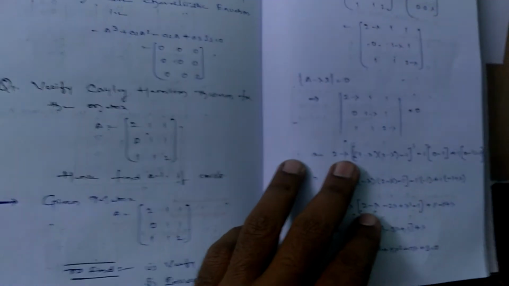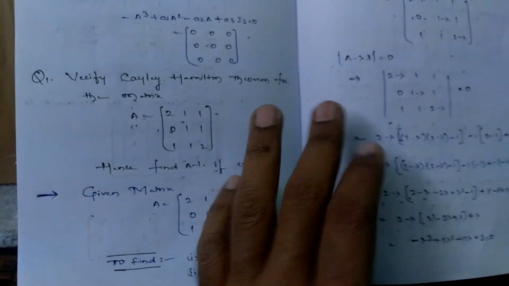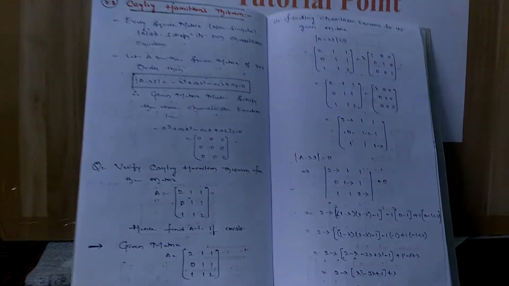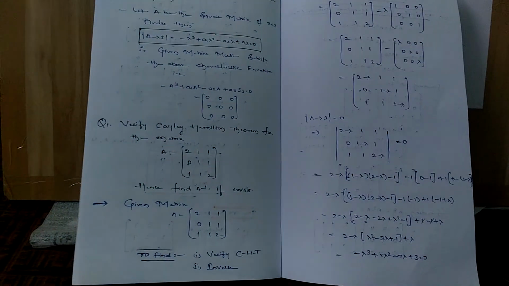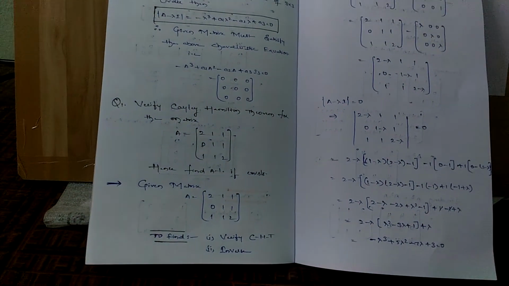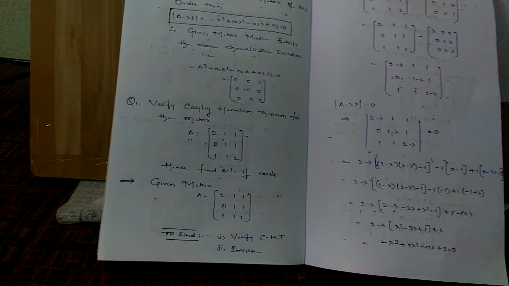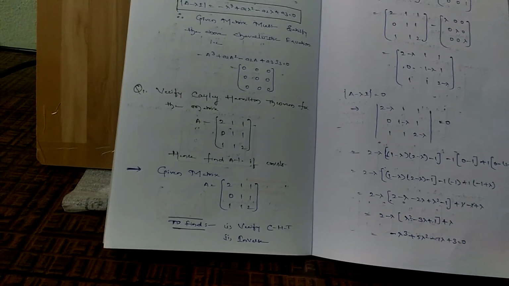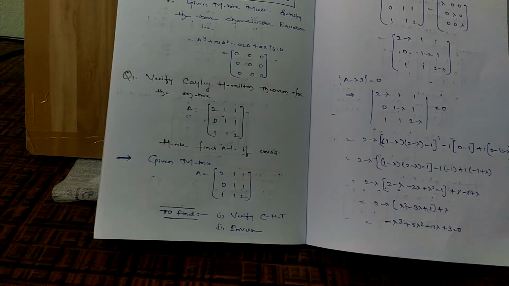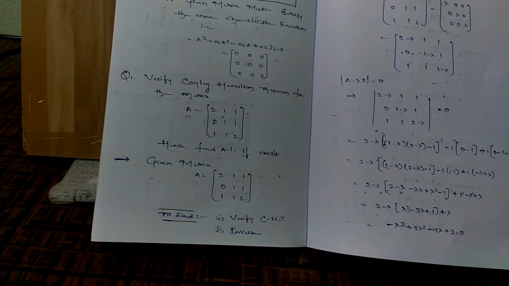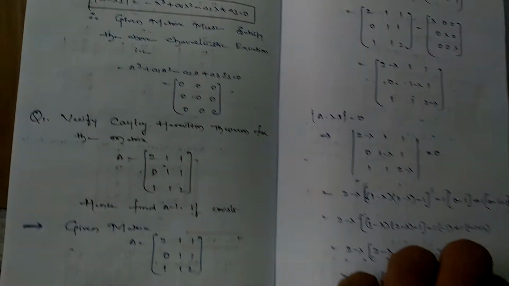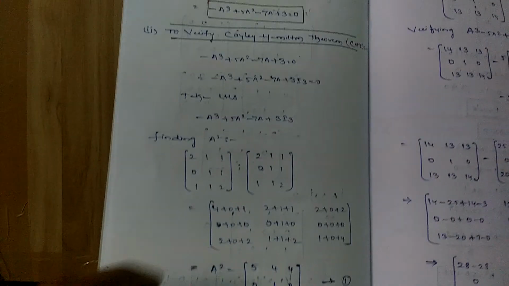Okay, guys. So what we have to do, I am going to repeat once again. For the given matrix, you have to find the characteristic equation. After getting the characteristic equation in terms of lambda, replace lambda by A, then take the LHS part and prove the RHS part.